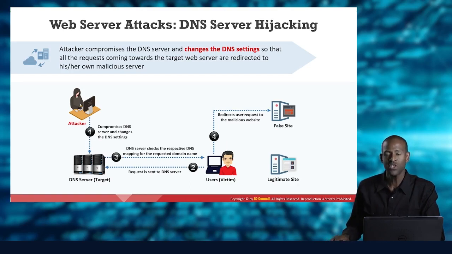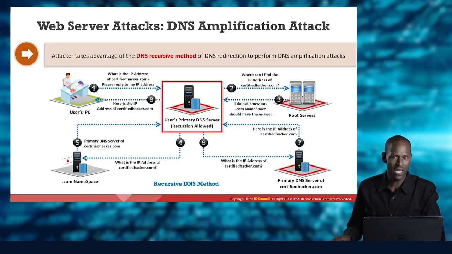Another web server attack is DNS amplification, taking advantage of how DNS servers can do iterative queries where they recurse through the entire DNS hierarchy. And what we do as the attacker is redirect them to perform an amplification attack.